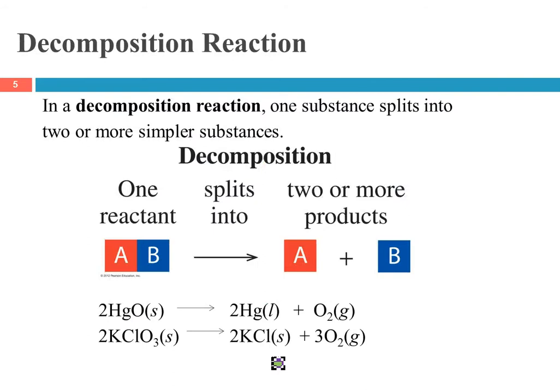The second one that we need to discuss is the decomposition reaction, and it is the direct opposite of the synthesis reaction. So if the synthesis reaction has one compound on the right side of the yield sign, you can expect that the decomposition would have one compound on the left side of the yield sign, because we are taking one thing and decomposing it or breaking it down into multiple either compounds, as you see here, or simply elements.